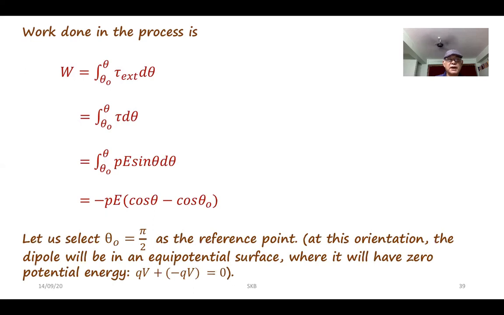Let us select theta naught equal to pi by 2 as the reference point. At this orientation, that is at this reference point, the dipole will be on an equipotential surface where it will have zero potential energy. That is QV plus within bracket minus QV equal to 0.